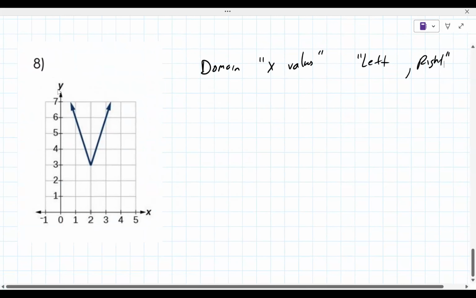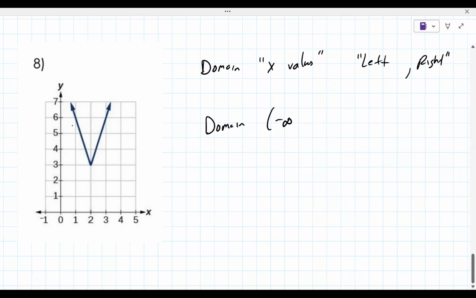How far left does this thing go? I know it goes up forever, but does it go left forever? And the answer is yes. Even though it looks like it goes more up than left, it still goes left forever. So the domain here is minus infinity to infinity, because it goes left forever, and on the right it goes right forever.